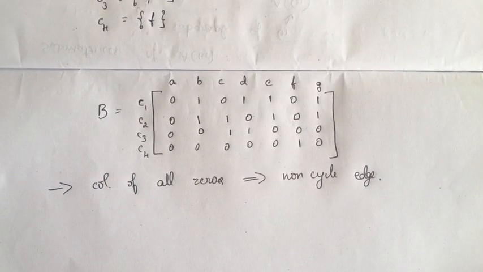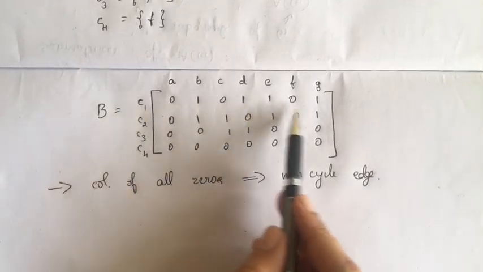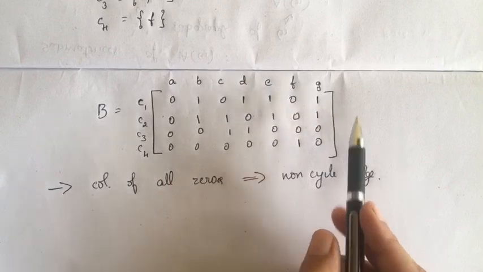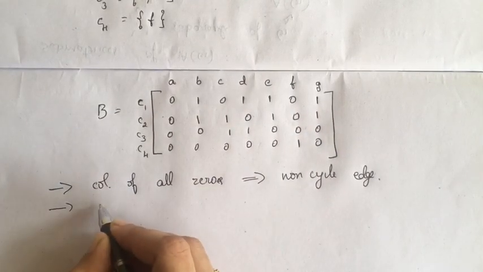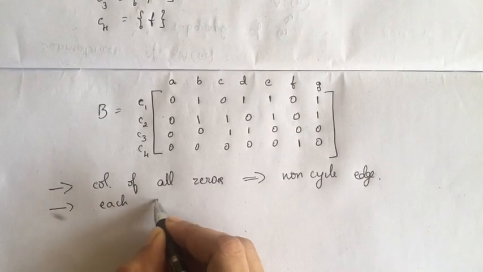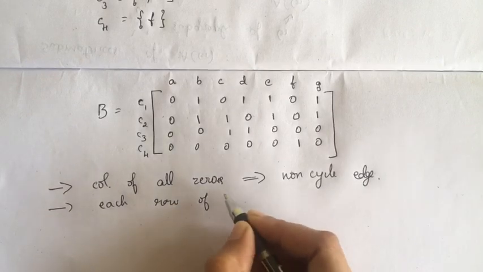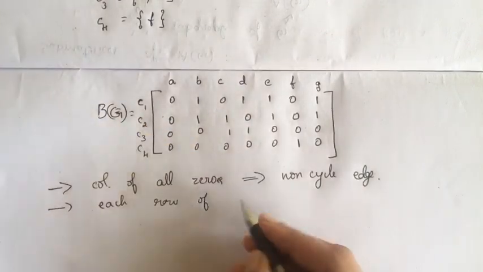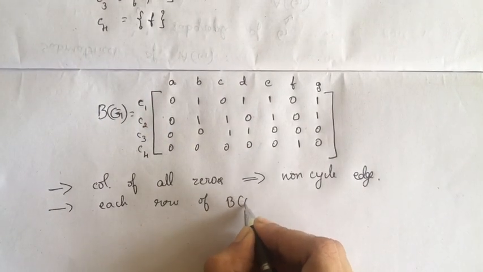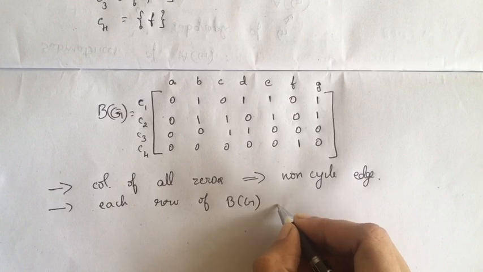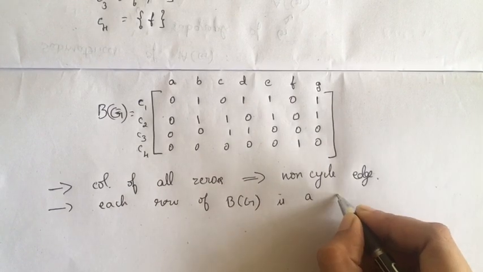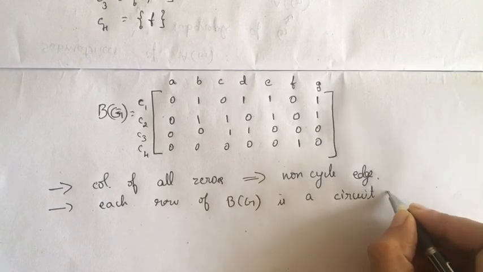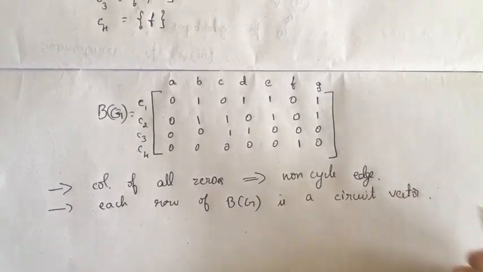Remember one thing, each row in a cycle matrix or a circuit matrix is a circuit vector. You can denote it as B of G also for the graph. So each row of B of G is a circuit vector or cycle vector.